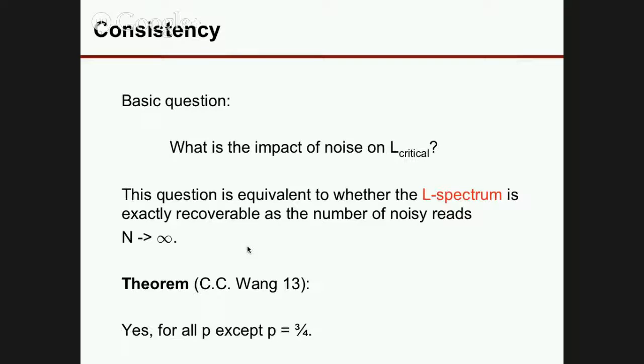I'm just talking about information, not complexity. So can I represent an L spectrum by our favorite MATLAB vector? We're in EE, we're vector people. So we have a vector which is the L spectrum. And this vector is what I want to estimate.